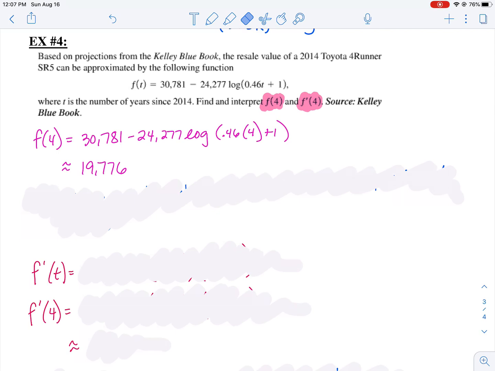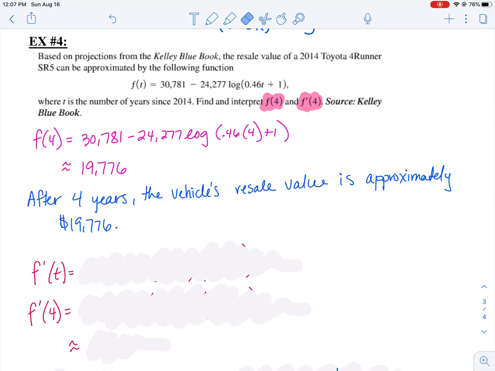Well, remember that t equals 4 is really 4 years after 2014. So you can say after 4 years, or you can say in 2018. And remember, f is really the vehicle's resale value. So 4 years after 2014, the vehicle's resale value is approximately $19,776. That's when I plug in 4 to my original function.